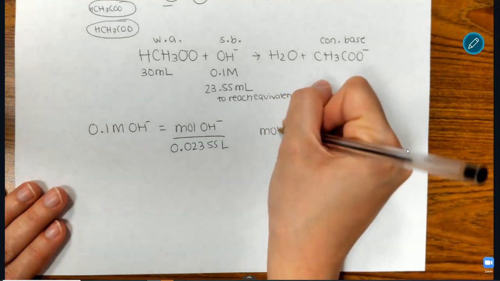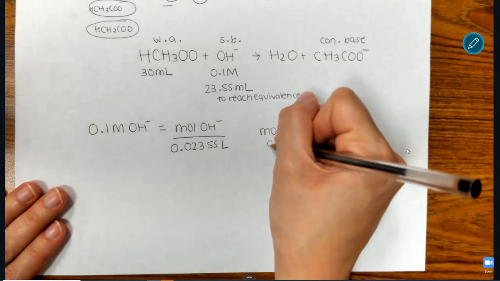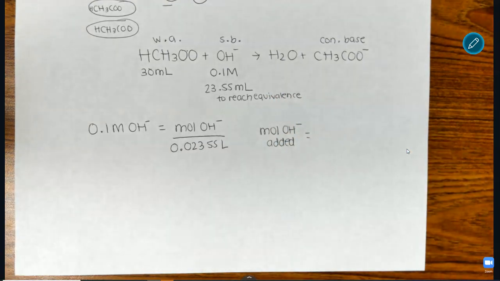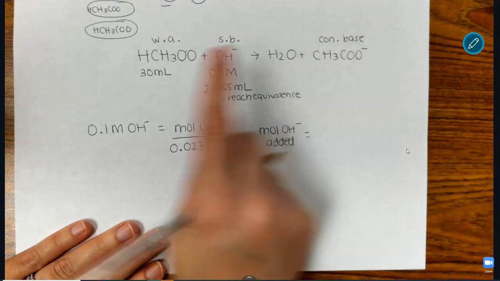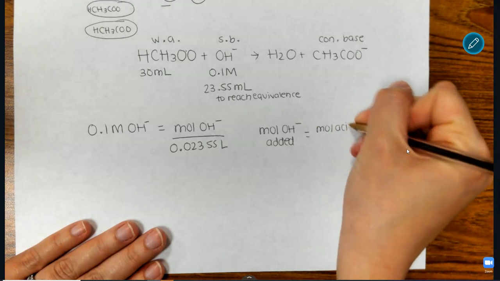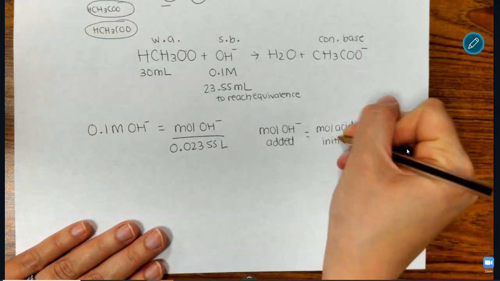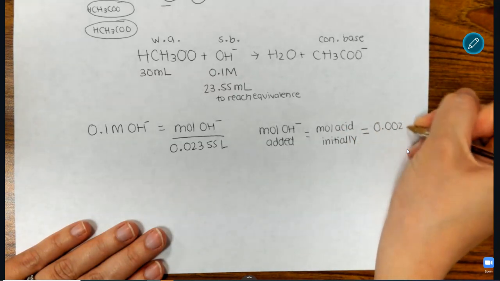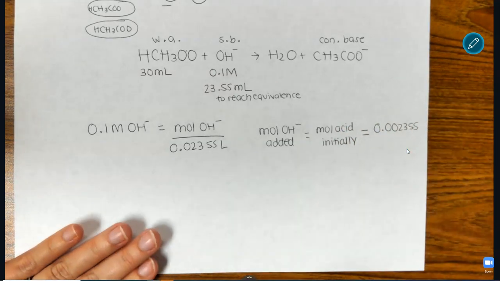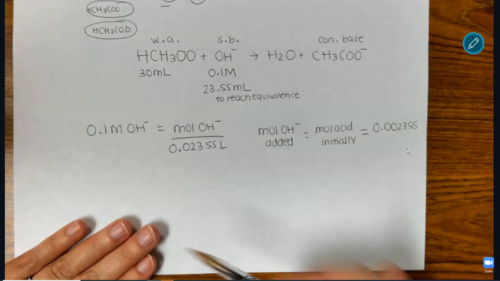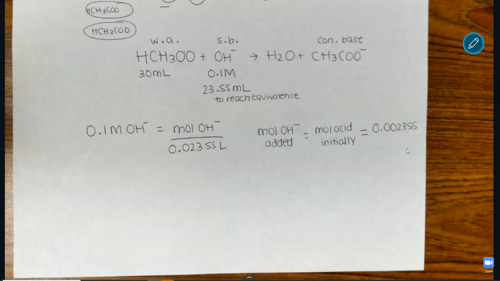That tells us that my moles of OH that were used to get to the equivalence point is equal to my moles of acetic acid. So how many moles of acid were there initially? That equals 0.00235. So that's how many moles of base I added to get to the equivalence, and that's how many moles of acid there were total initially. And that is always the first thing you need to do.